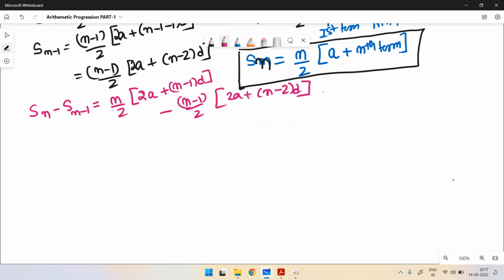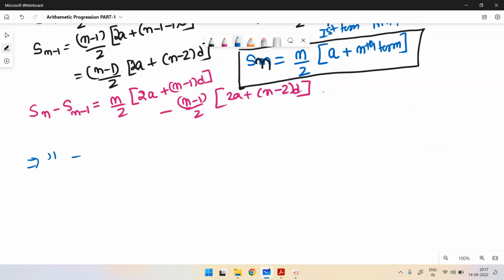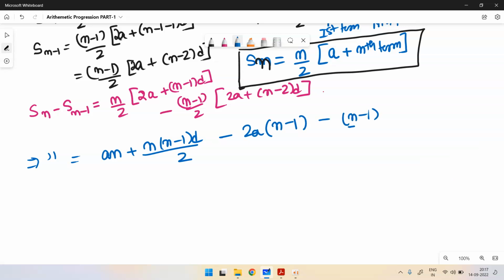Now if you open this, this is nothing but 2an plus n into (n minus 1)d by 2, and here it is minus of 2a(n minus 1) minus of (n minus 1) by 2 into (n minus 2) into d.